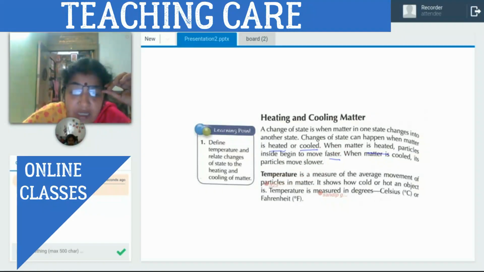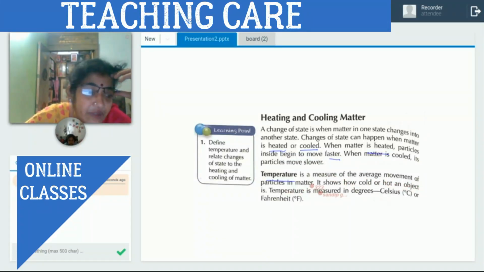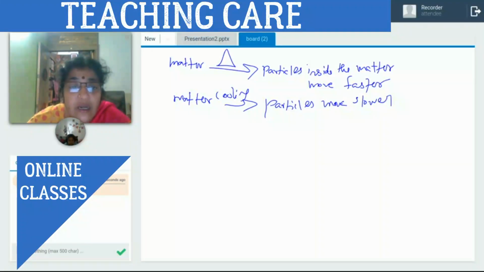Before that, there is one more thing, that is temperature. What is temperature? It is a measure of the average movement of particles in matter, right? So we are talking about the particles moving, and to measure that movement, we use a unit called temperature.